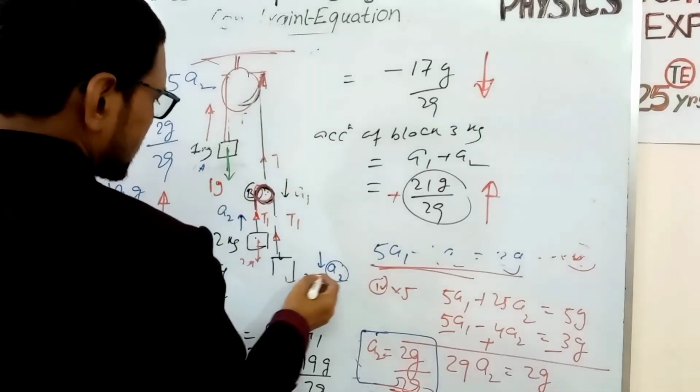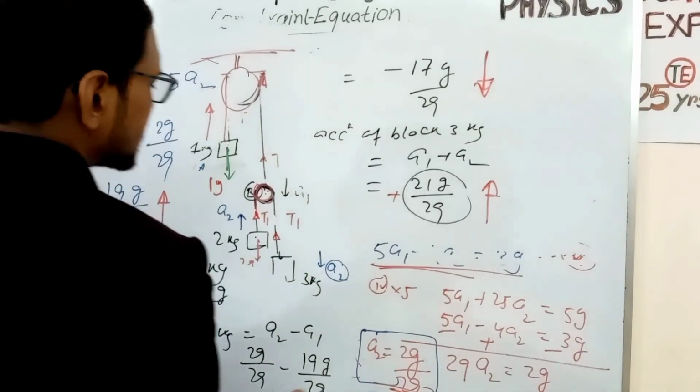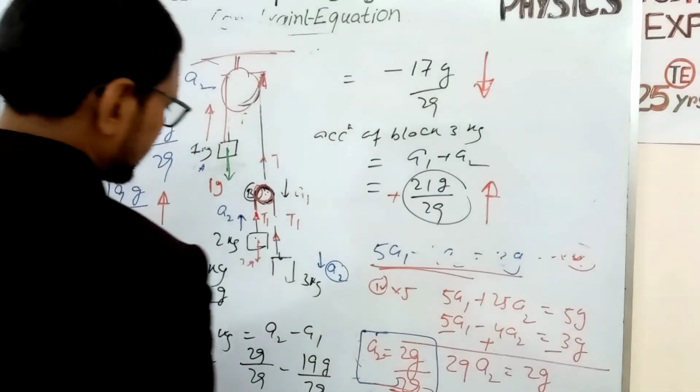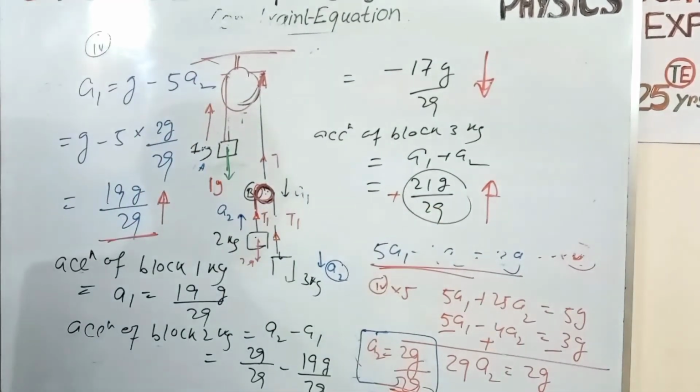And the acceleration of the 3 kg block, a1 plus a2, is upward.